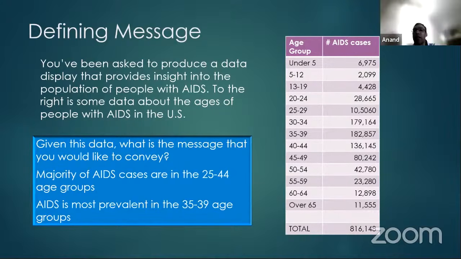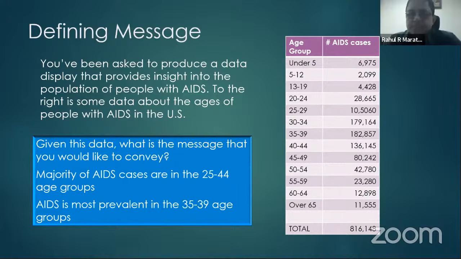But I might also want to say, do you know what? There are close to 7,000 cases of children under 5. Now, depending on my objective, that might be what I want to emphasize. Do you realize that there are kids under 5, no fault of theirs, and there are 7,000. And if you take it up to 12 years old, there are 10,000 children under the age of 12 who are suffering from AIDS.